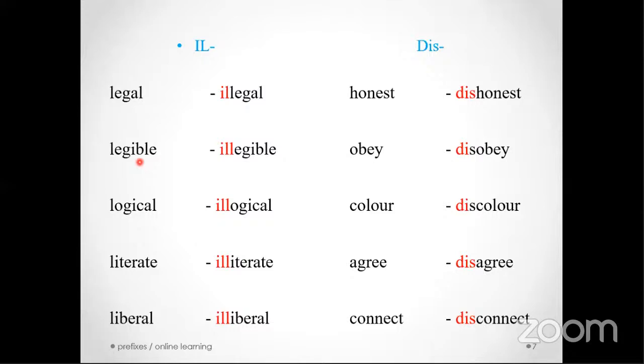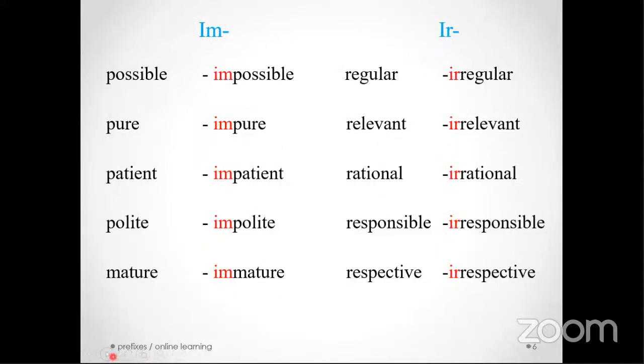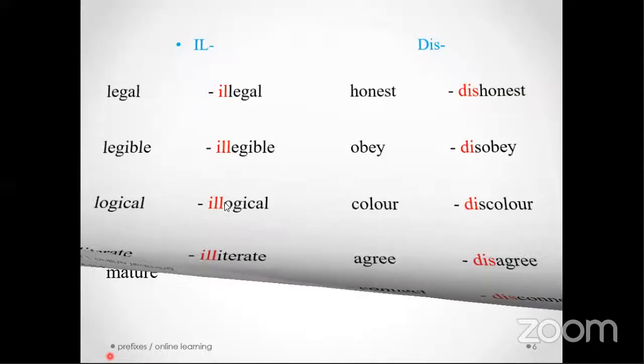The word is legible, and we have added here the prefix il. It's illegible. So legible means පහසුවෙන් කියවන්න පුළුවන්. කියවිය හැකි. Illegible means පහසුවෙන් කියවිය නොහැකි. Right? පහසුවෙන් කියවන්න බැරි.